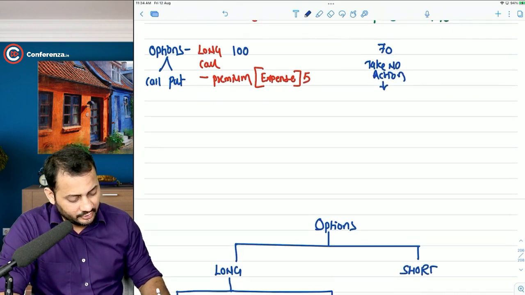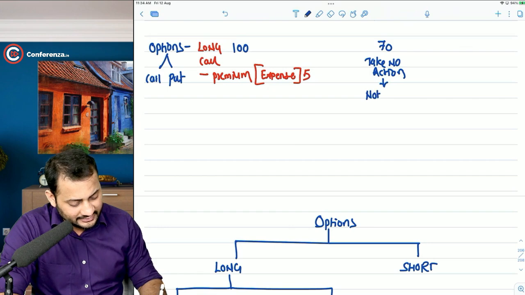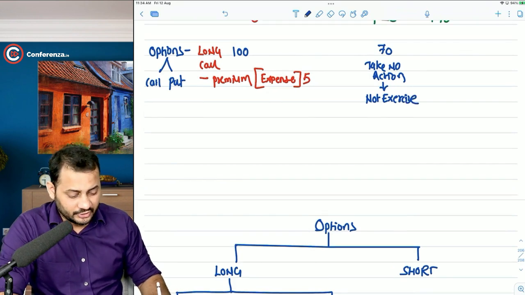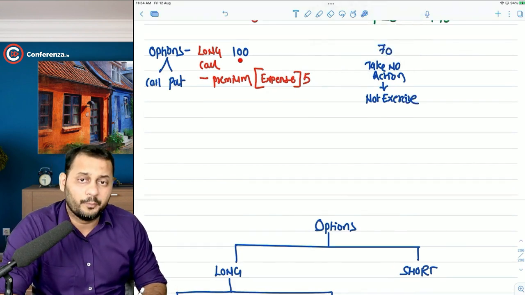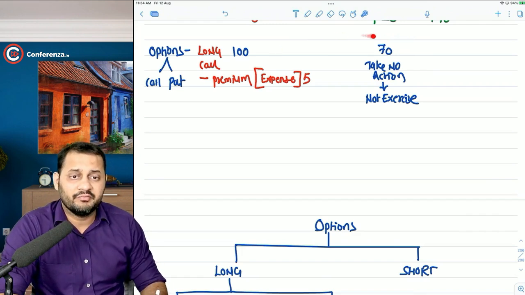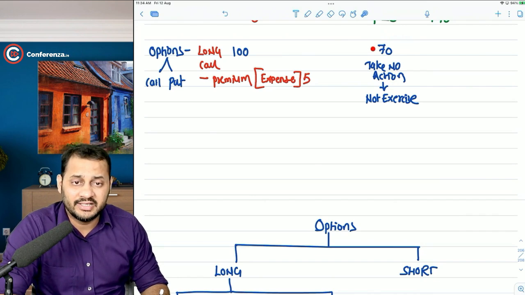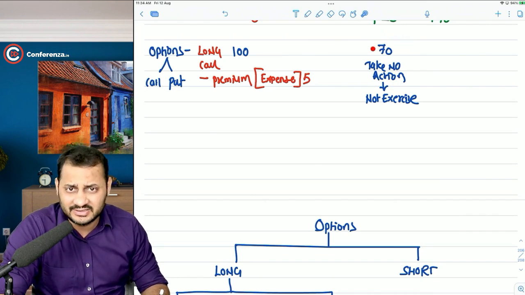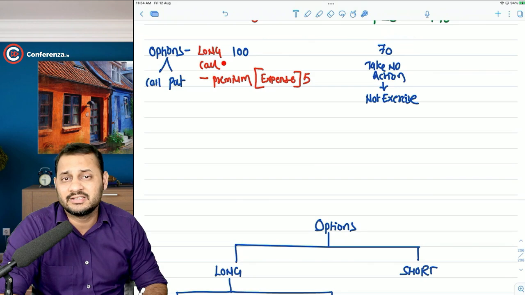Why will he take no action? That means he will not exercise. This is called exercising his option. He had this option, or the right, to buy the asset at 100. But if the market is at 70 itself, it's better to buy the asset at 70 in the market than to buy the asset at 100.